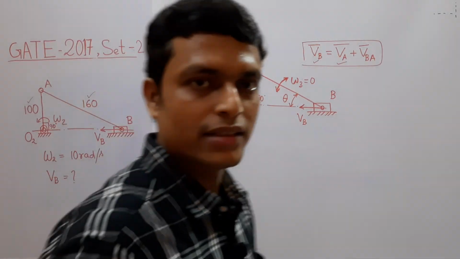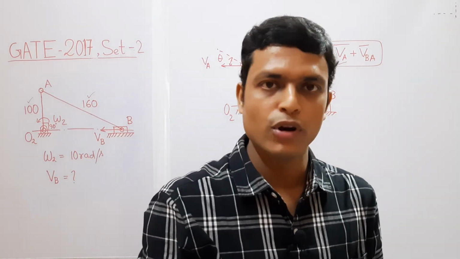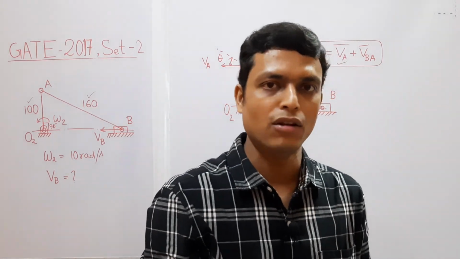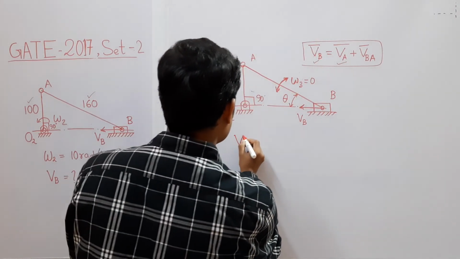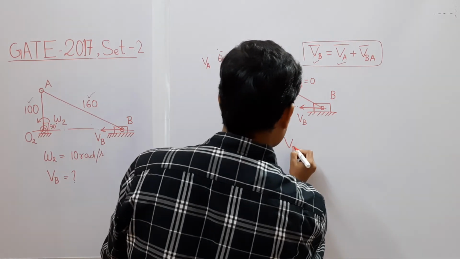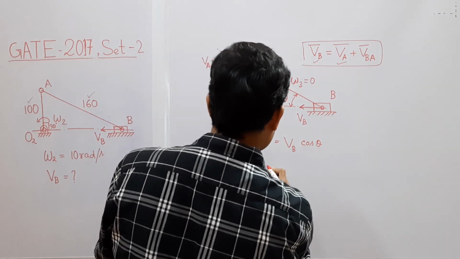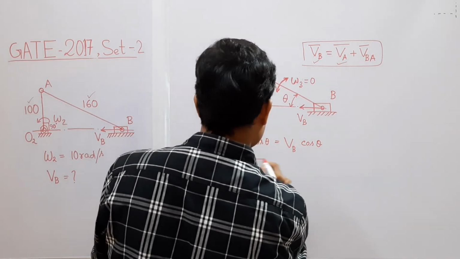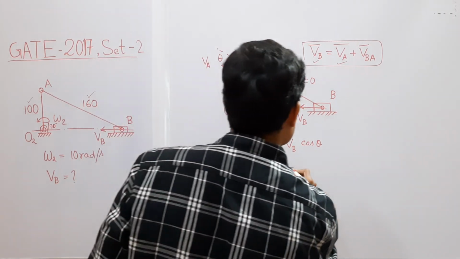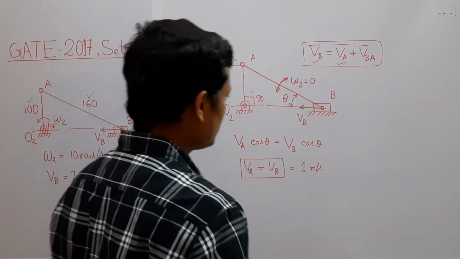So if we apply the basic concept, that is velocity component of VA along AB is equal with component of VB along AB, that is VA cos of theta is VB cos of theta. So VA is equal with VB. So we got the same relation, and that is here for this case 1 meter per second. So this is my answer.